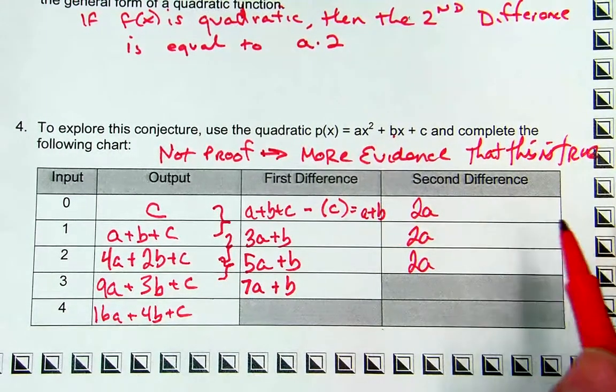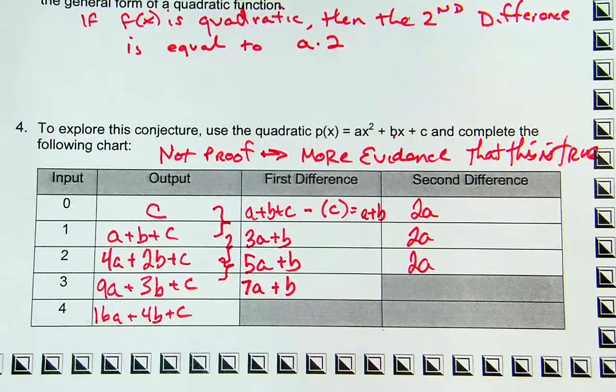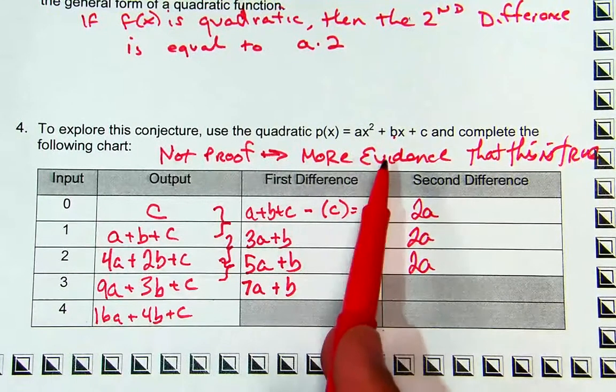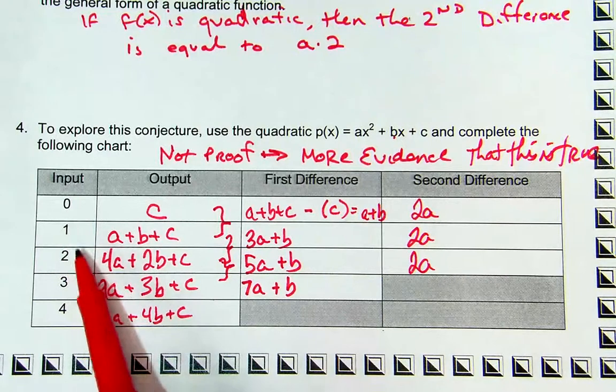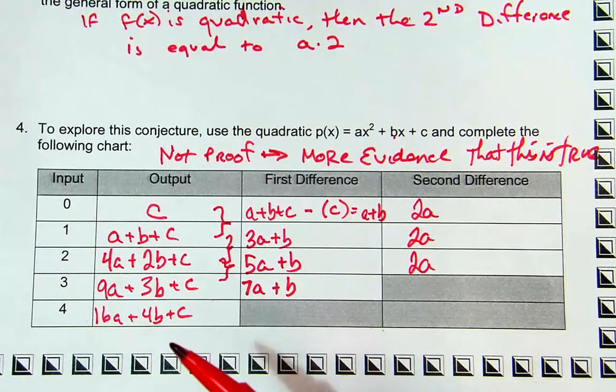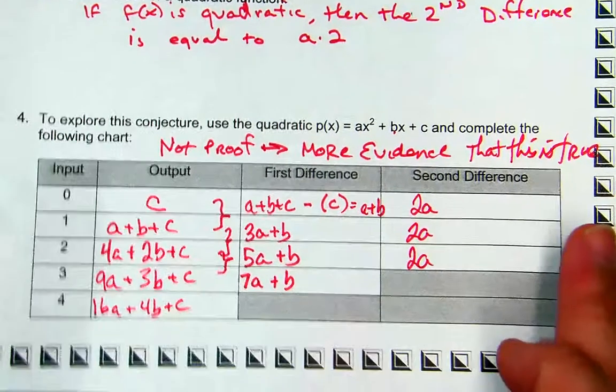When we use our numbers, it's just more evidence that it's true, not necessarily proving that it's true, because we used numbers. We proved that it's true for this function with the inputs 0, 1, 2, 3, 4. But if I took 1,000, 1,001, 1,002, 1,003, 1,004, is it going to work? That's what we want to have done.